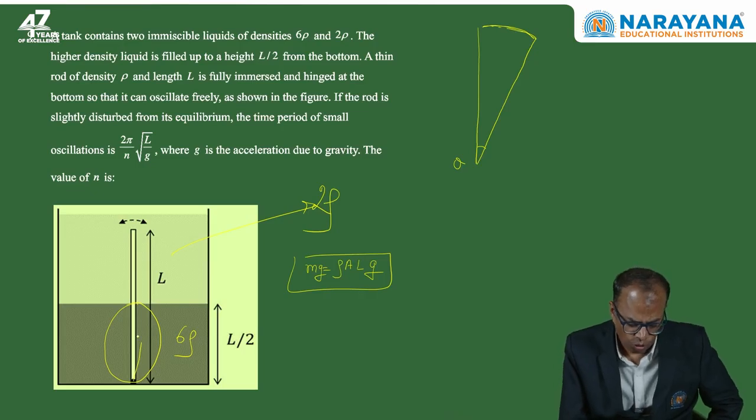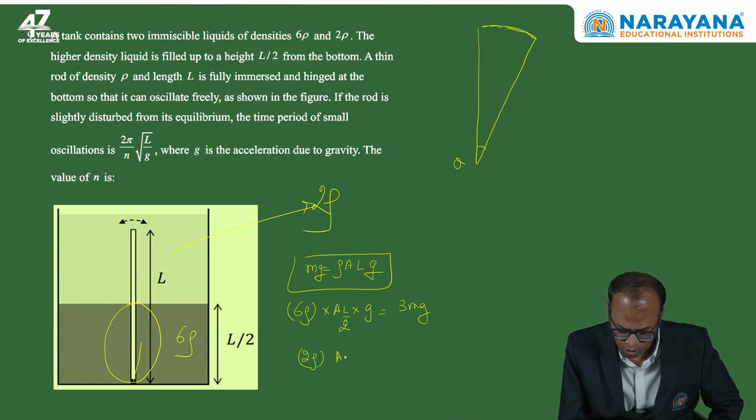Okay, so the bar will have a mass m that will be equal to rho times cross-sectional area times L, so mg is rho ALg, right? If I talk about the buoyant force on the lower portion, it must be 6 rho into A into L into g, not L, it is L by 2. So this becomes 3 mg, and the buoyant force on the upper portion becomes 2 rho into A into L by 2 into g, that is mg.